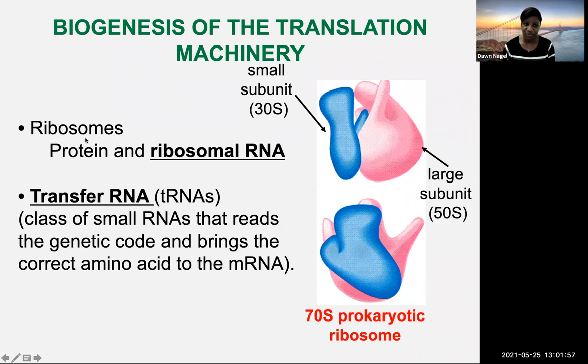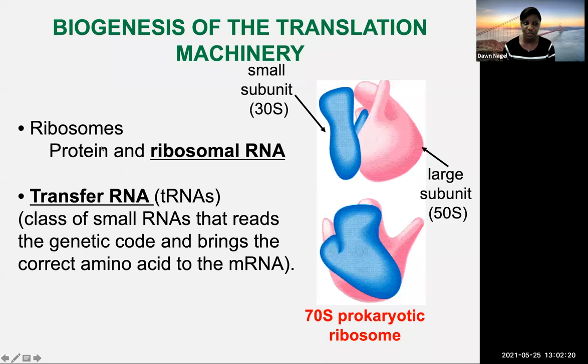We talked about the ribosomes. The ribosomes are really composed of proteins and ribosomal RNA. Remember when you had your spliceosomal complex, you had your spliceosomal proteins, and you also had these short nuclear RNAs that are part of this complex.